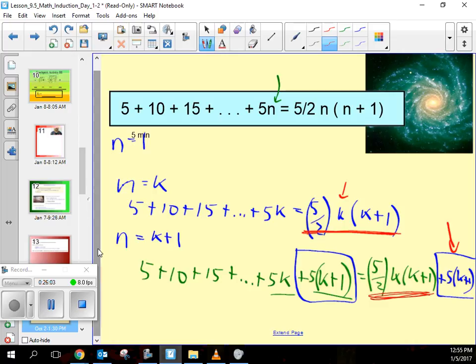All right. So now, this is where you got to figure out what's your goal. Remember me saying that the goal is always to take this original and prove that adding this is the same as if you had put in a k plus 1 there and there. So that's my goal. I'm going to write my goal statement over here.